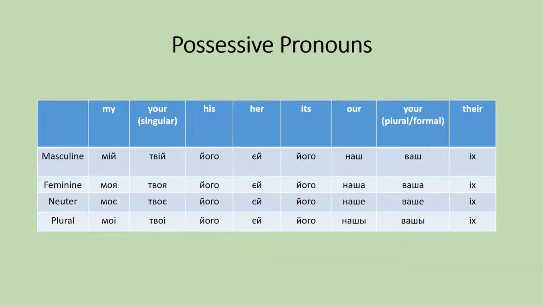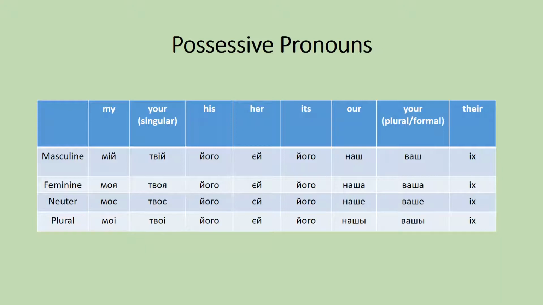Her is jej. Its is jeho. Our is nasz. Your plural or your formal is wasz. Their is ich.